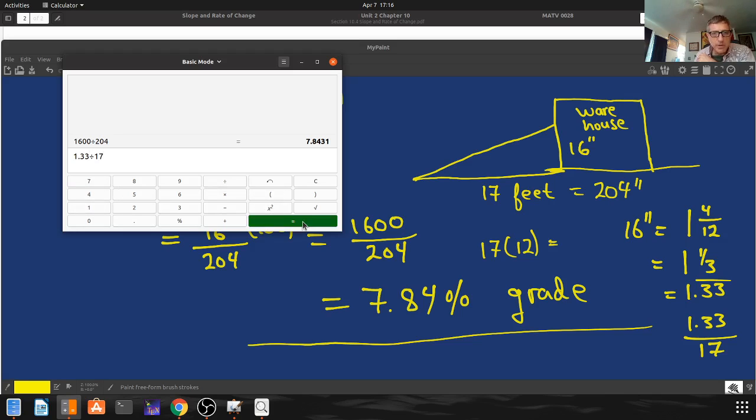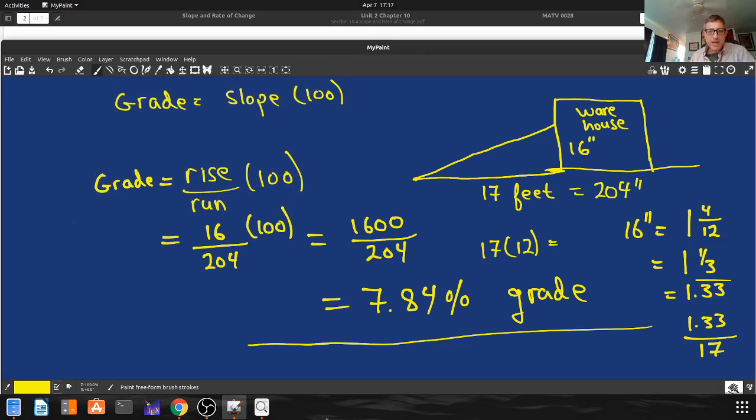We get the same pure number, and I multiply that times 100, and I get 7.82. Of course, why is it a little bit different? It's 1.33333, and I just rounded it off at 1.33.